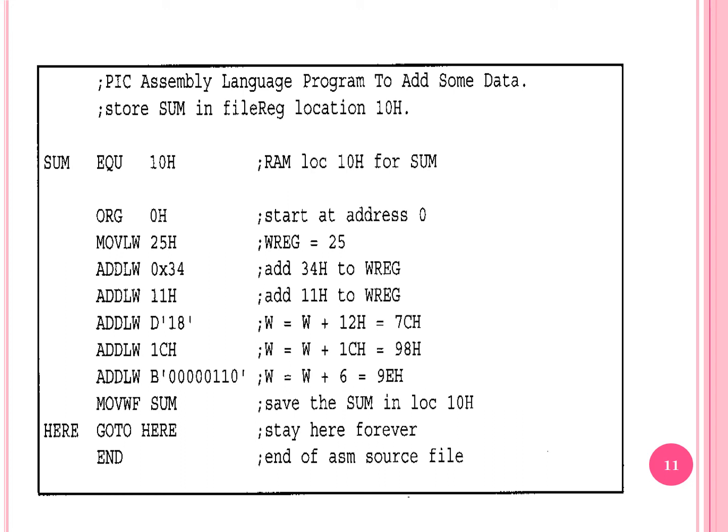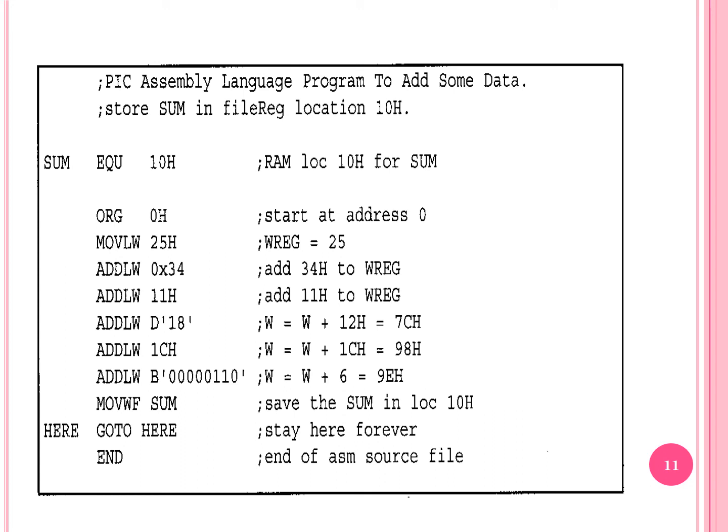Now suppose I have written ADDLW 11H. Again it will add. Now ADDLW, I have written D and then single quote 18. Here D corresponds to decimal 18, and whatever you have in W, the assembler will convert the decimal 18 into hexadecimal.